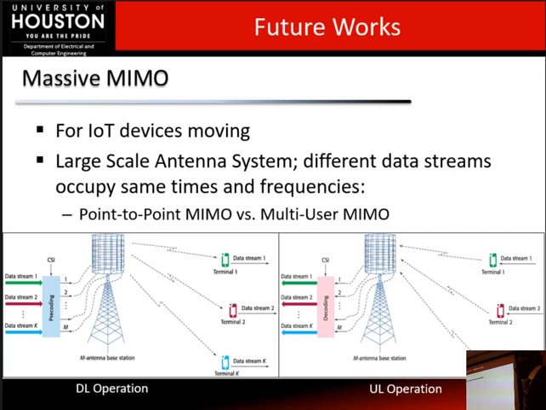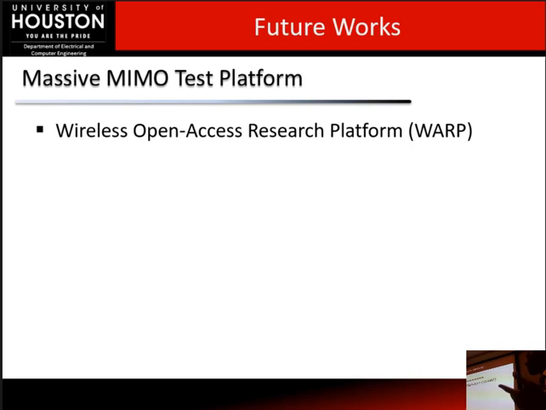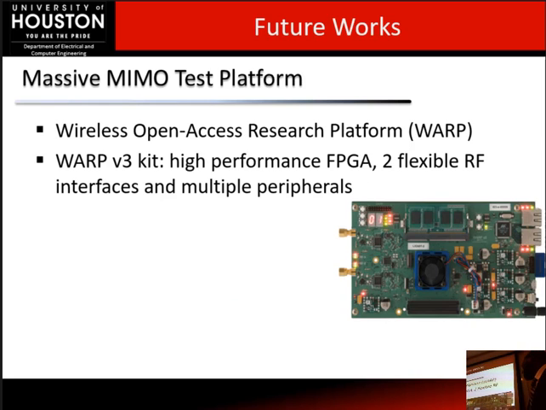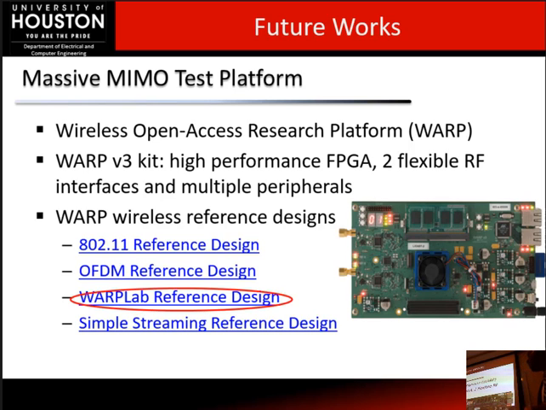For that, I suggest using massive MIMO, multiple input, multiple output antennas. There are two kinds: point-to-point MIMO, where you have two devices with multiple antennas, and multi-user, where you have one base station with multiple antennas. This is the one I suggest, and there is also research and hardware platforms that can be used to implement massive MIMO for moving devices.